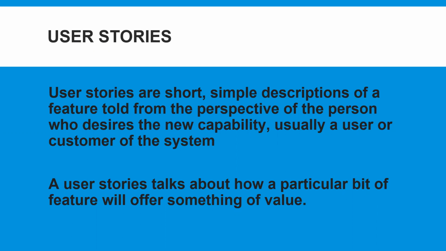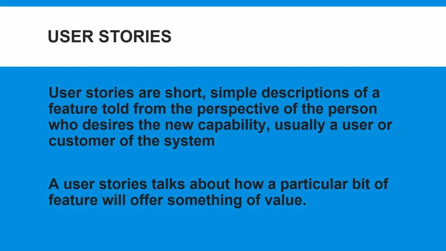But then again, there's something that's really important. It is told from the perspective of the person who desires the new capability. But this is where it could get tricky. You are a business analyst, right? And you're going to write a user story on behalf of the person that wants the new capability.